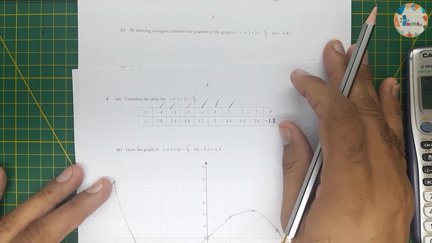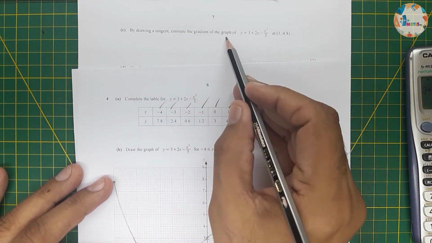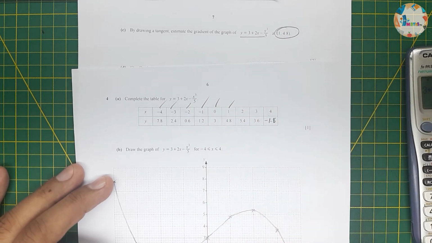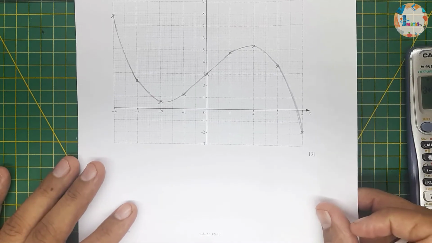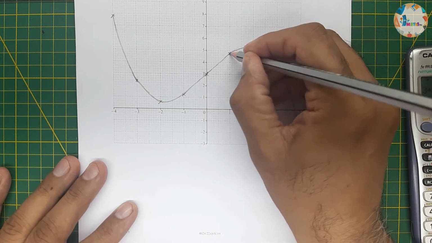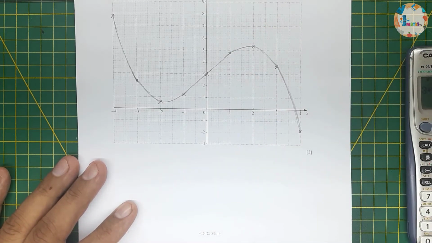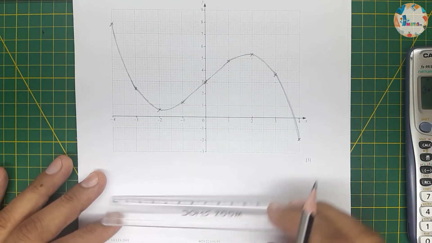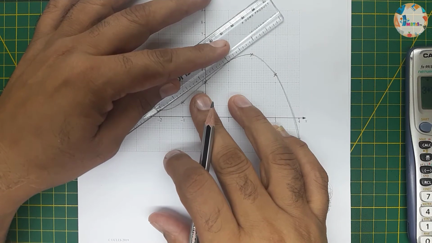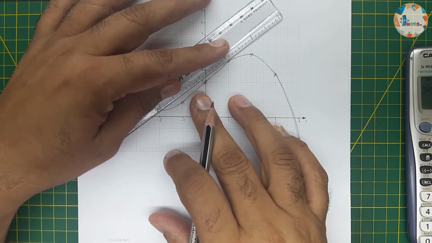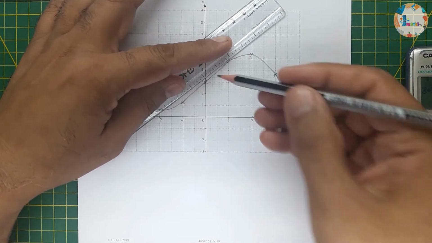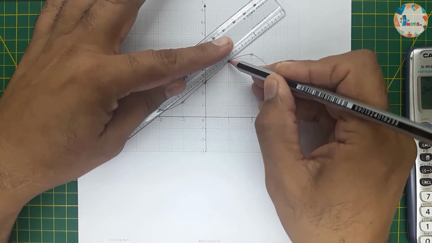By drawing a tangent, estimate the gradient of the curve at 1 and 4.8. So 1 is over here and 4.8 is this one, so we have to draw the tangent over here, and to draw the tangent at this point we can draw a line which is touching the curve only at this point.